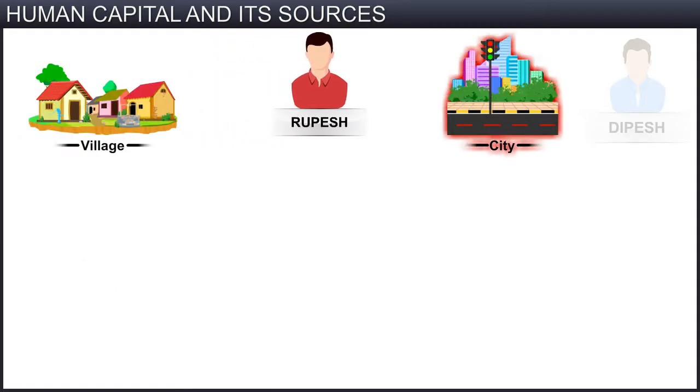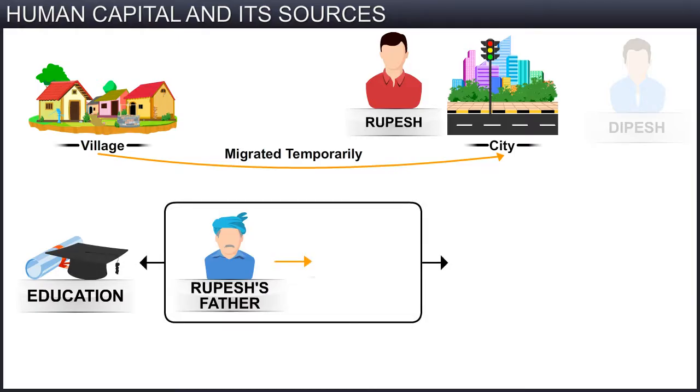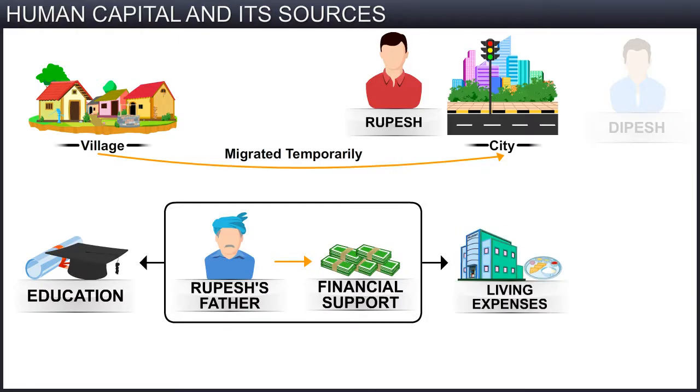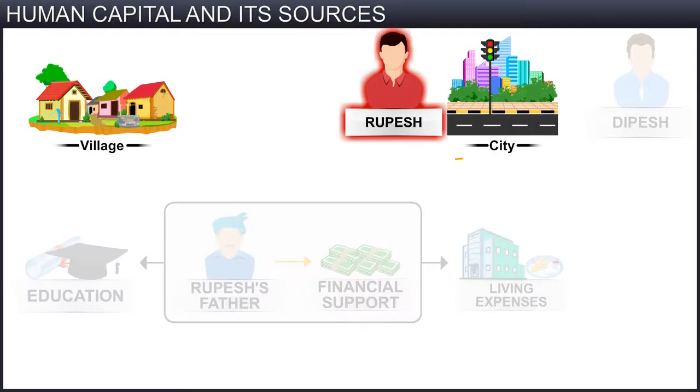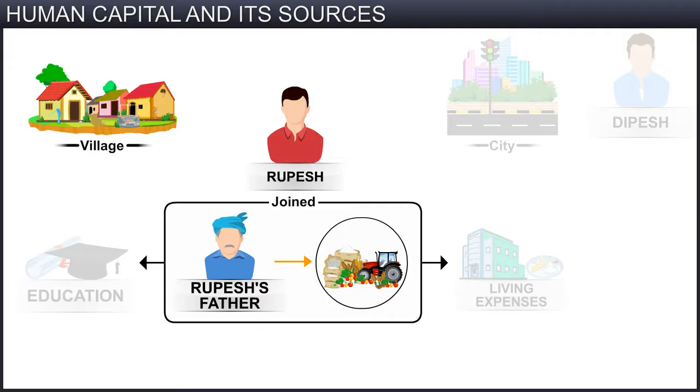Rupesh went to a nearby city to pursue his higher education, which means he migrated temporarily to the city. His father had to bear certain costs for his living expenses and education. When Rupesh returned back to his village, he joined his father's business, and he began implementing his acquired knowledge and skills.